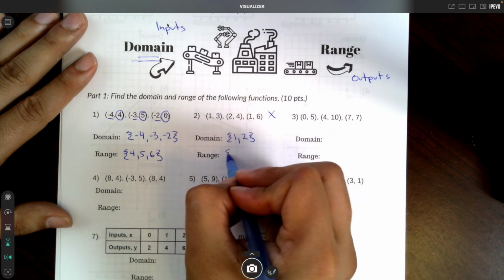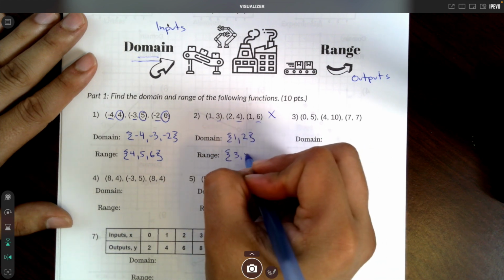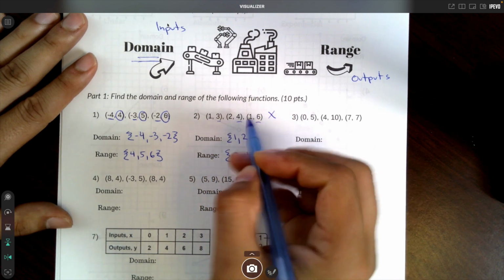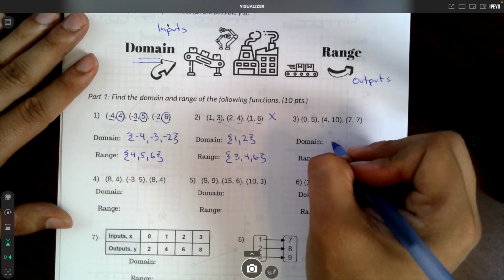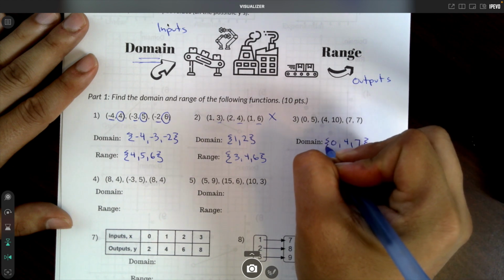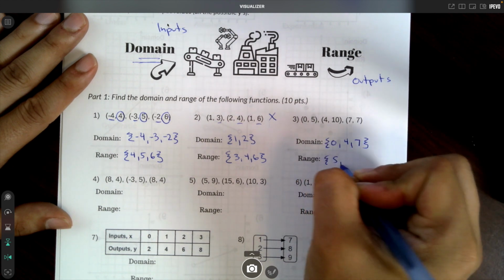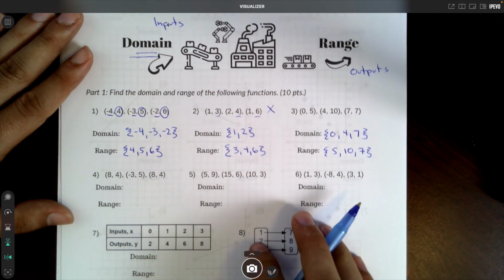Range is all the numbers that go out. So 3, 4, and 6. Okay, but keep in mind, this was not a function. Domain 0, 4, 7. Range is 5, 10, 7. And we could have put these numbers in order if we wanted to.